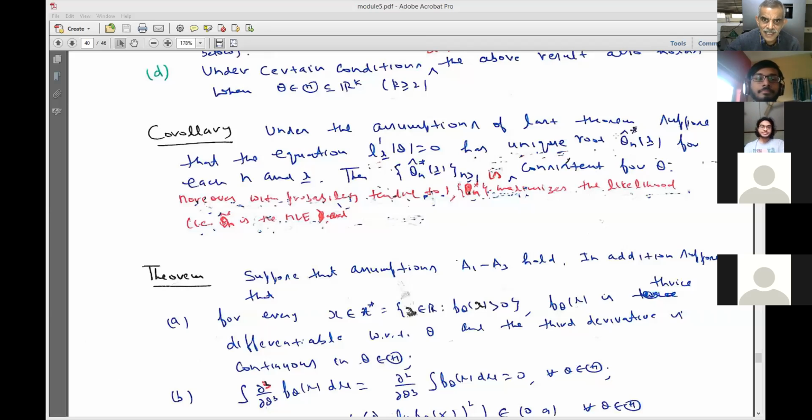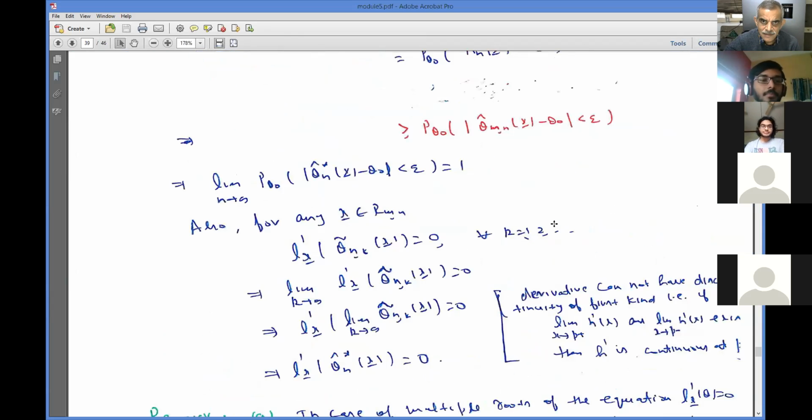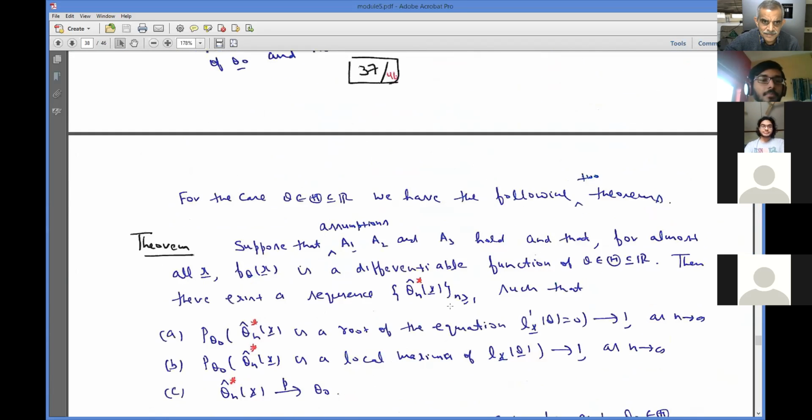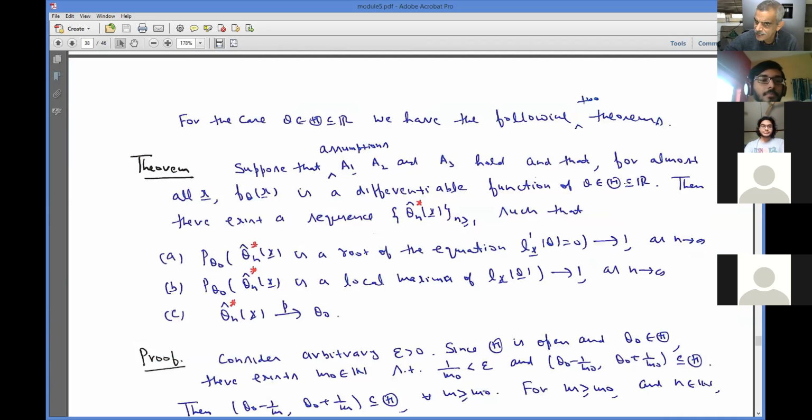If you look at this part, suppose that assumptions A1, A2, A3 are satisfied, which would be the case in the exponential case, and f theta x is differentiable, then there exists a sequence theta n star of x. It is a sequence because it depends on n.